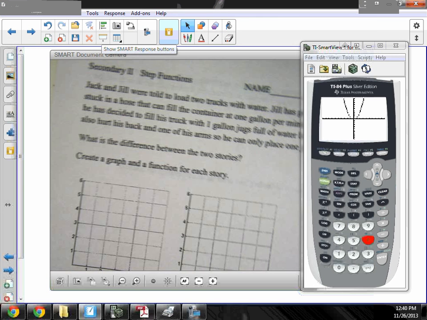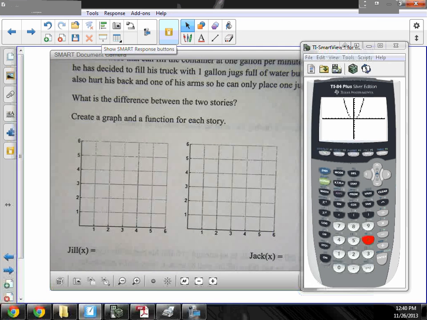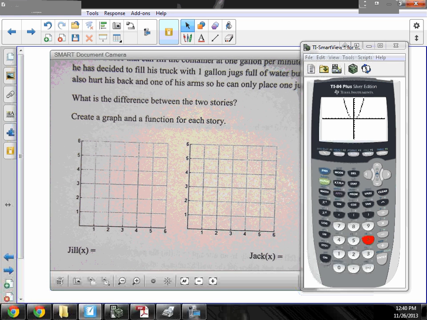So what's the difference between these two stories? What's different about them? Good job. Okay, mathematically, what's the difference? They're both linear.